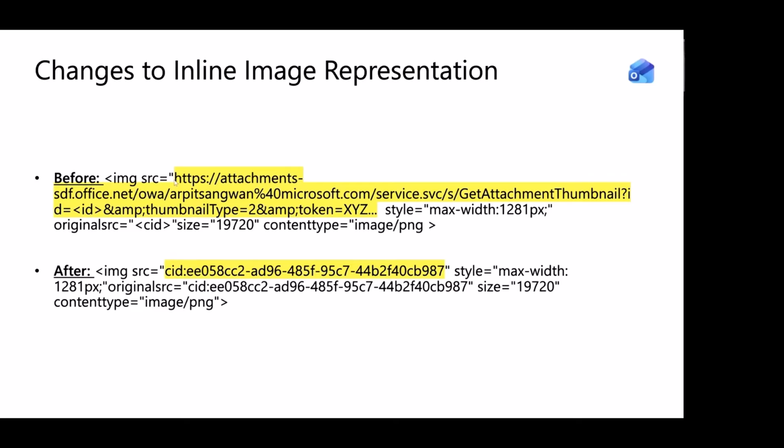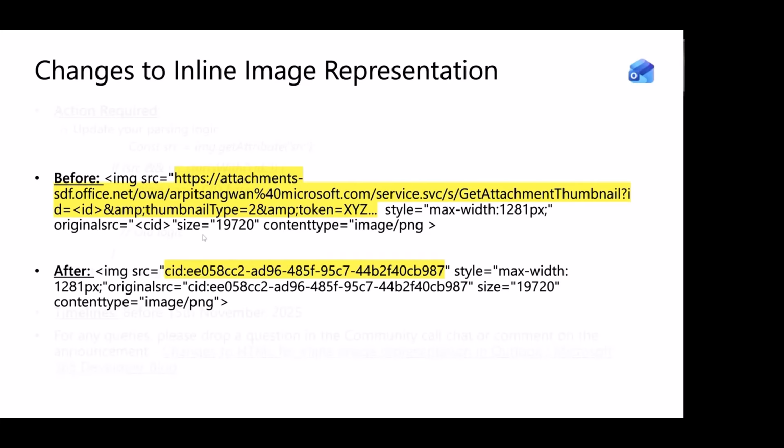Now the entire URL would not be present in the HTML of the editor. There would be an identifier for the image, which would be a CID. So the add-in would need to change if it's dependent on parsing this ID parameter or in any way uses the source attribute of the IMG tags present in the mail.